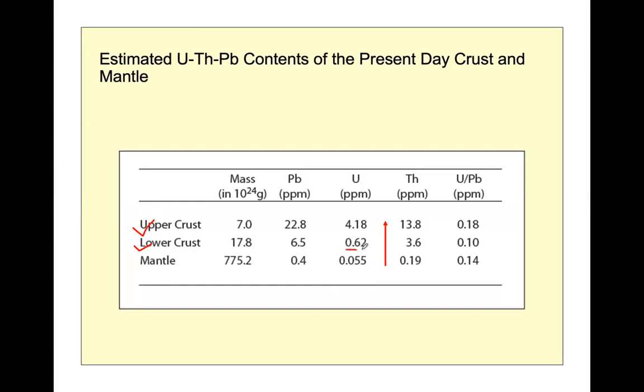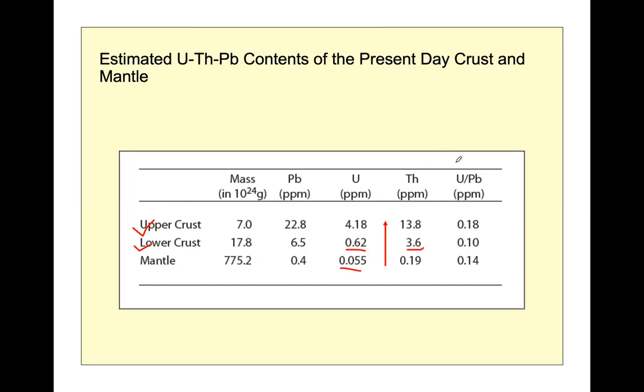This is elemental uranium and thorium. You can see how the mantle contains those. See, it's 0.05, but the crust contains 0.6, 10 times greater, and thorium much more than that, right? So you can see the crustal values are higher when compared to the mantle values.